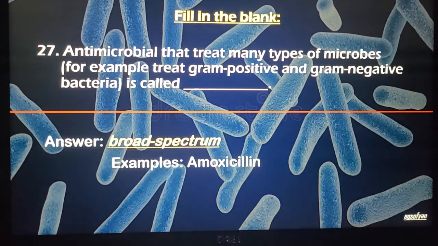Yes, it should be broad spectrum drugs. Okay, they can be used for different type of infection, gram-positive and also gram-negative bacteria infection. Example is amoxicillin. It is a type of broad spectrum antibiotics.